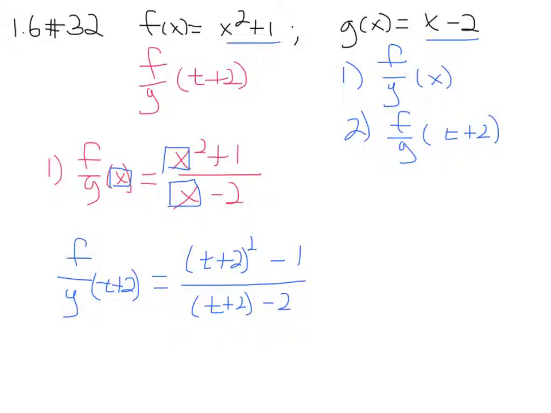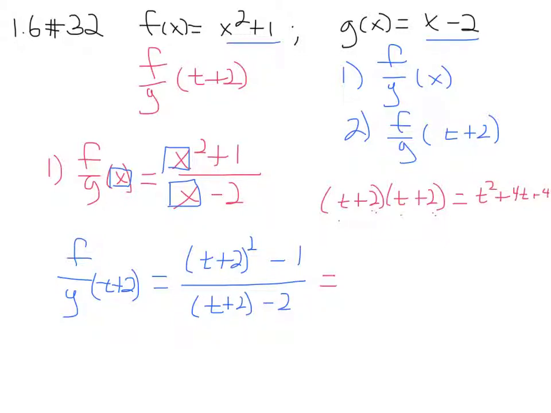All right, now we could leave it like this, or we could ask the question, can this be simplified? Okay, if we square out our t plus 2, this is t plus 2 times t plus 2. So it's t times t is t squared, 2t plus another 2t, so that's going to be a 4t, and then 2 times 2 is 4.